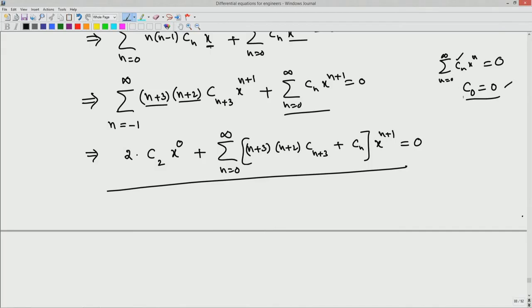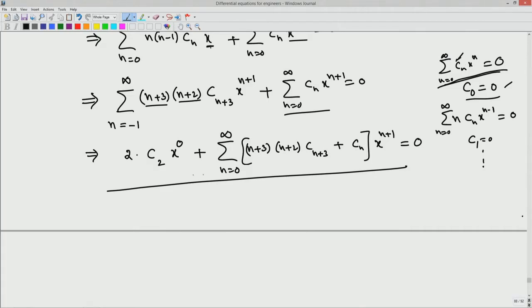You differentiate, n into c n x power n minus 1, this is the power series expansion equal to 0 again. Now, again you put x equal to 0, for n equal to 1. So, that makes c 1 equal to 0 and so on, okay. So, when you make the power series 0, the coefficients are always 0, you can just equate the coefficients.